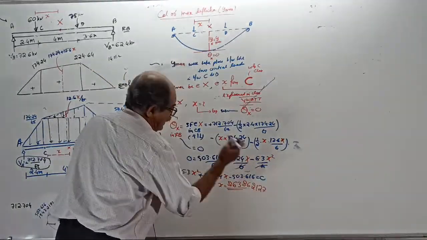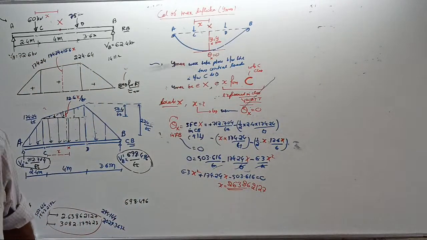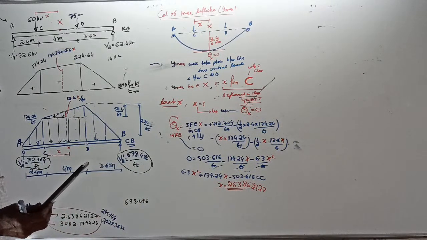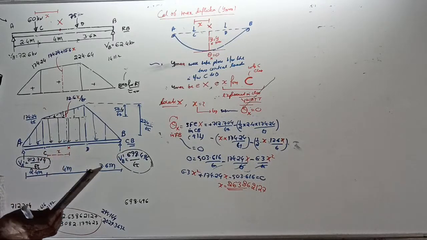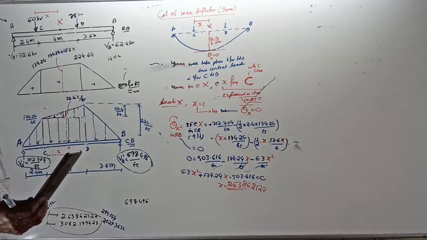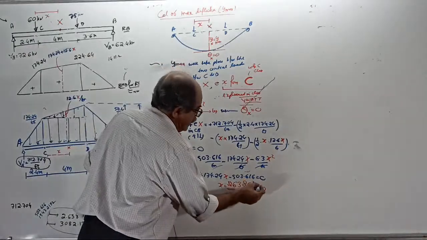Are you getting this accuracy? Are you getting the same number? Of course, you can round up to 2.6386. But from the exam point of view, such big numbers are not there.